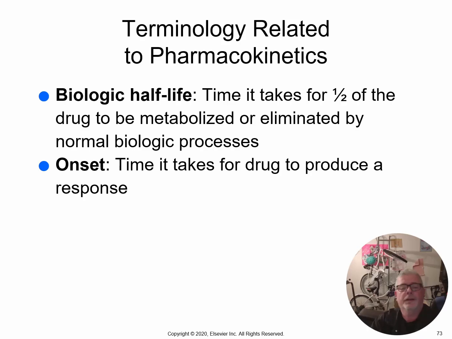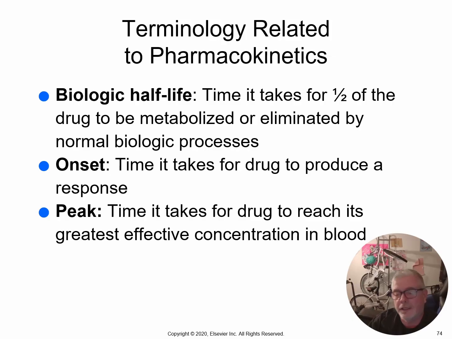And onset refers to the time it takes for the drug to produce a response. So you want something that works rapidly, or sometimes you don't. You want something that works at a sustained level. The peak is the time it takes for the drug to reach its greatest effect concentration in the blood.